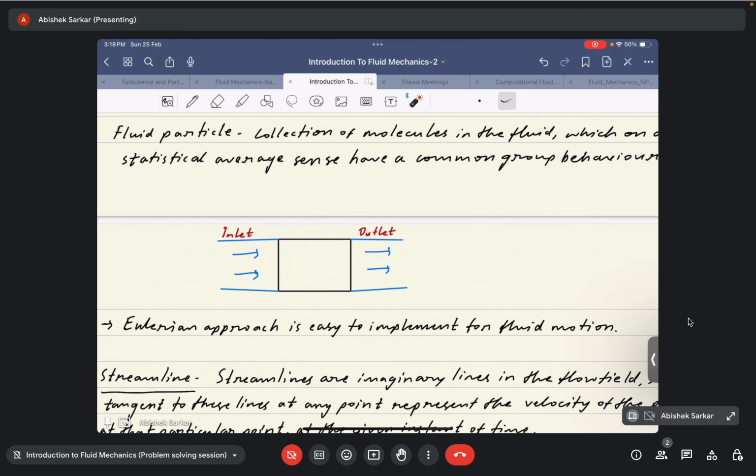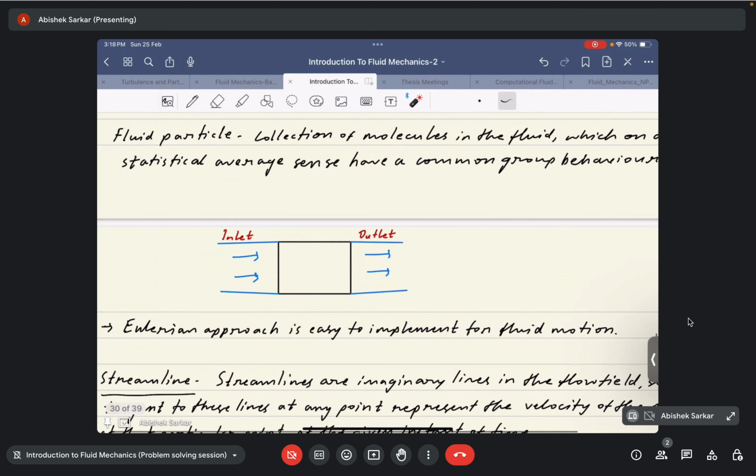Okay, then what would happen is that in the case of the Lagrangian approach, these individual particles are actually tracked throughout their movement through this duct. Okay, say there is a single particle, say there is a particle 1, right?